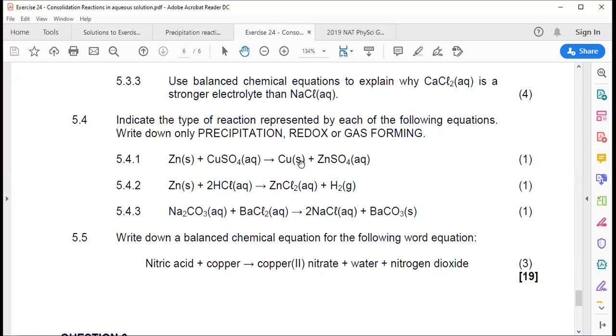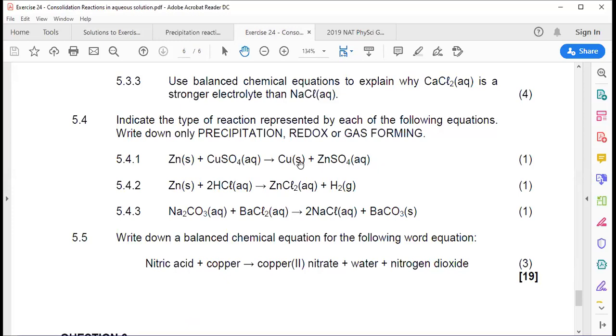But we cannot just rush to say it is a precipitate, because for a precipitate to form, there must be ion exchange taking place. How do you see that there's ion exchange? If I start with zinc, zinc must take the other ion here. Like here, zinc took sulfate, so we form zinc sulfate. But the copper here did not take any ion because zinc didn't have another ion. So you need to be careful here.